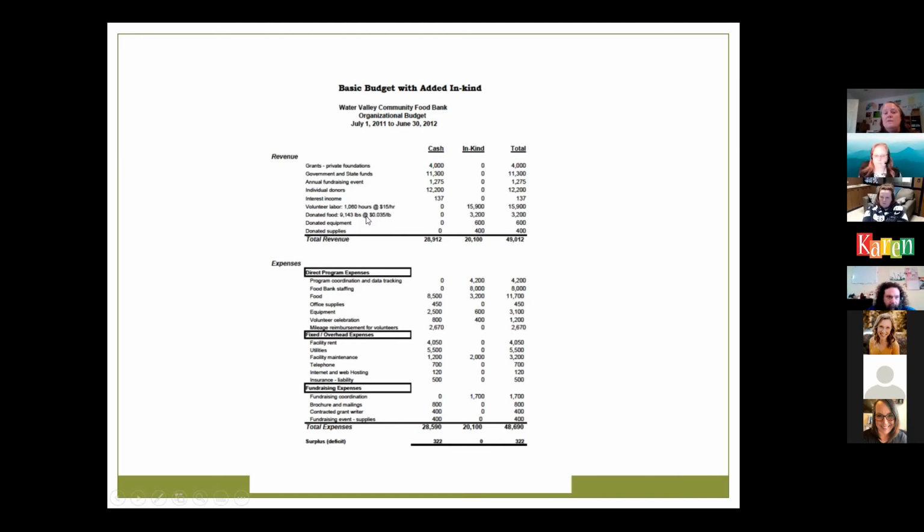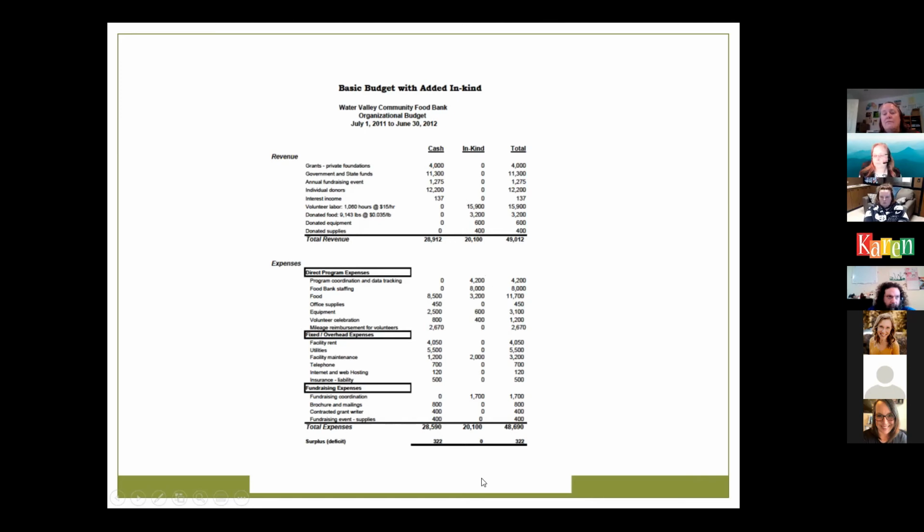And then we used these numbers to estimate the value of those donations. And then in our expenses, we actually had to say, what were those volunteers doing? So we had to add several lines or rows to our budget to share what those volunteers were doing.